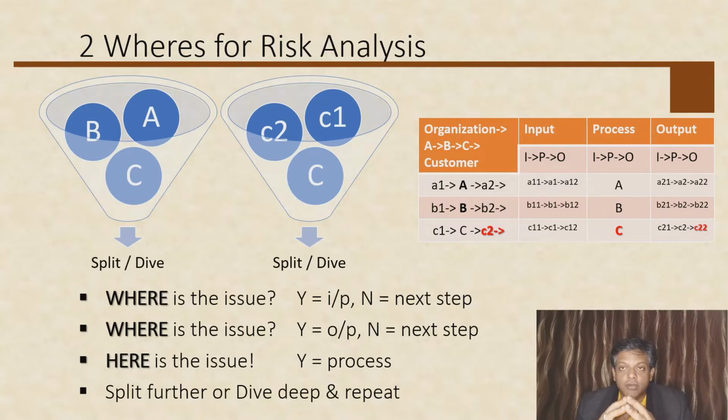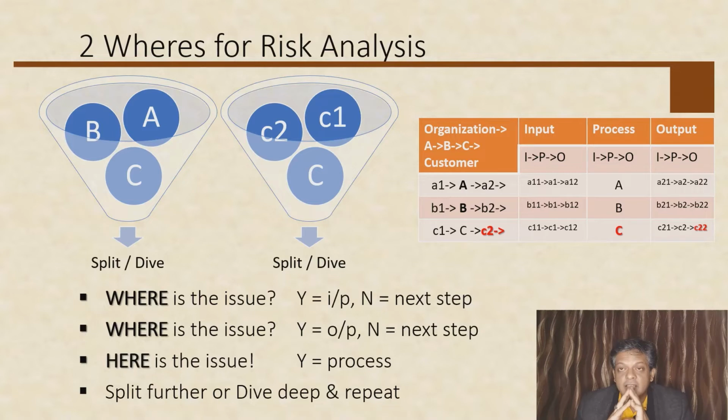If the answer is no, you move on and ask once again where is the issue. Here, if the answer is yes, you have to look at the output of the process. And if it is no, then you don't have to ask any more wheres, because remember, this is a two-wares technique. That means if there is no issue at the input or the output, the issue is in the process itself.